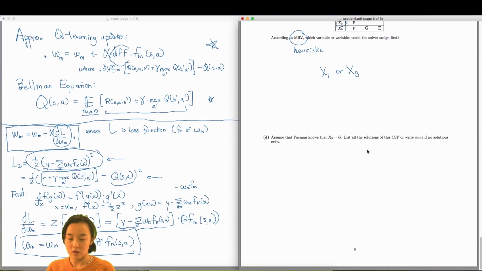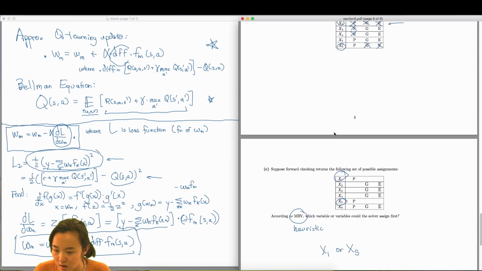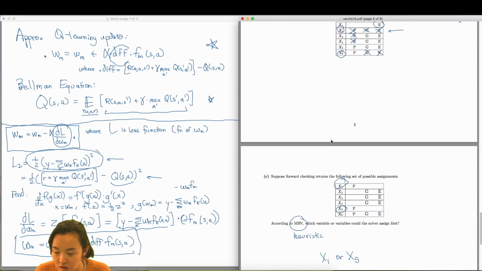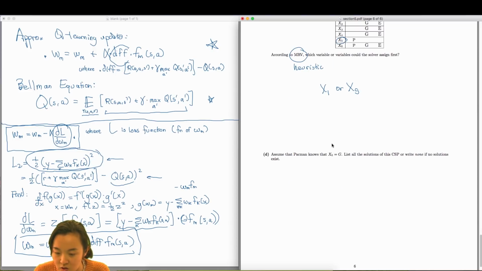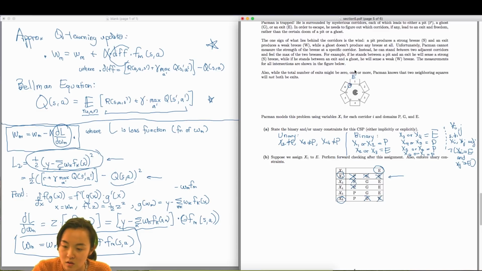Okay, so part D. Assume that we somehow know that the true value of x6 is G. We should list all the solutions of the CSP. So you can do this by hand executing the search algorithm for CSPs, but it's much easier to just eyeball it. So let's go back here.